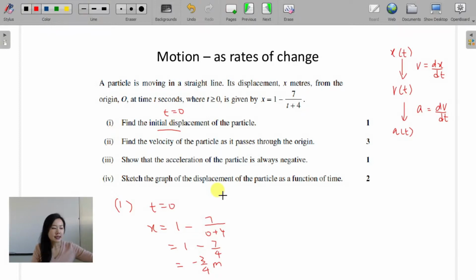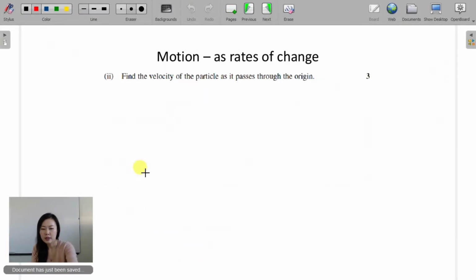The minus in this particular question is an indication of the direction. In this context, where it's not really defined how it's moving, let's say the origin is here, it just means you are on the left of the origin. Negative 3/4.